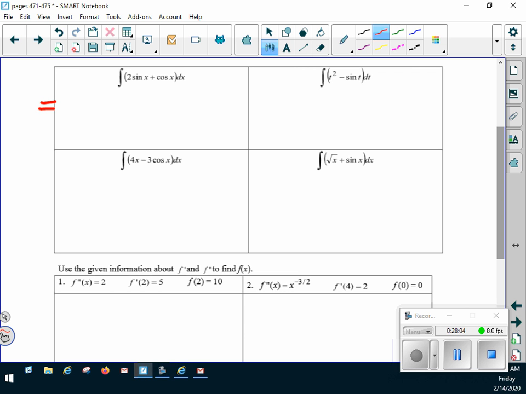Now that 2 is a coefficient. Okay, so you could think of it like this, 2 times the integral of sine x dx. What function has a derivative of sine x? Negative cosine x. So it's 2 times negative cosine x. Does that make sense?